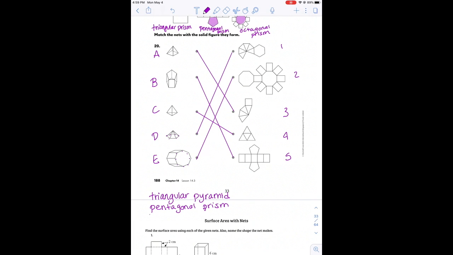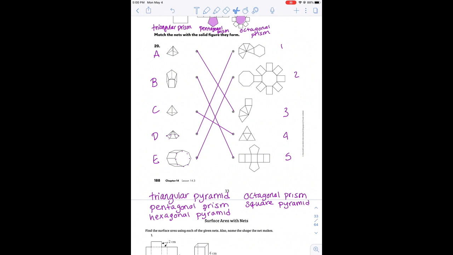I see a hexagonal pyramid. What else do I see? I see an octagonal prism. And I see a square pyramid. Pause the video, see if you can match those up.